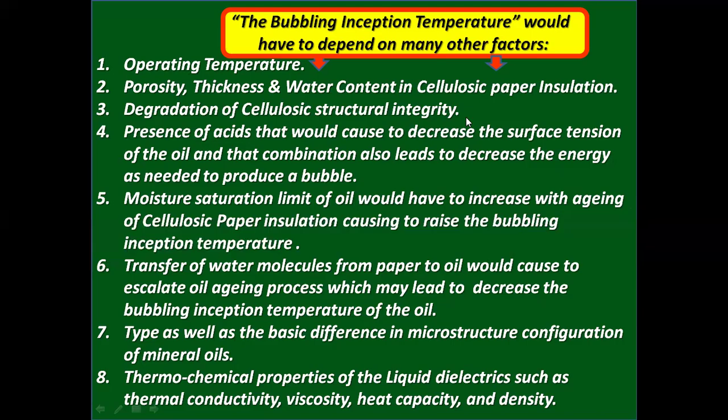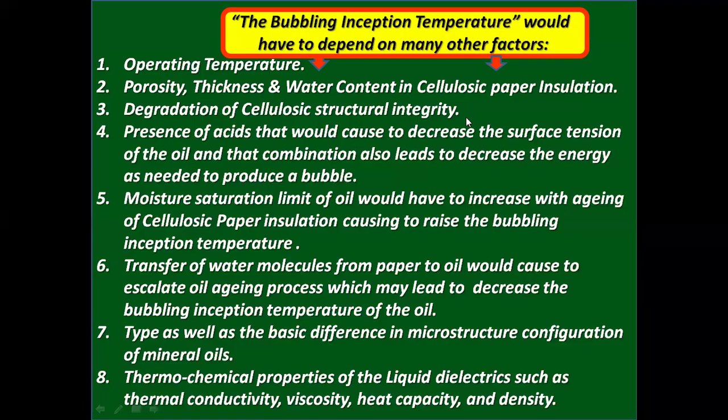Five, the moisture saturation limit of oil would increase with aging of cellulosic paper insulation, causing a rise in the bubbling inception temperature. Number six, transfer of water molecules from paper to oil would escalate the oil aging process, which may lead to a decrease in the bubbling inception temperature of the oil.